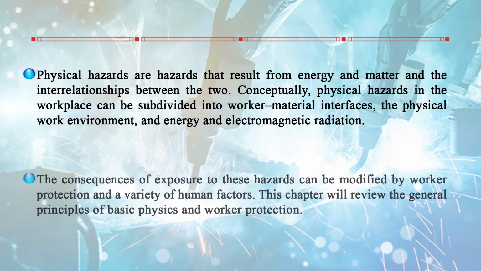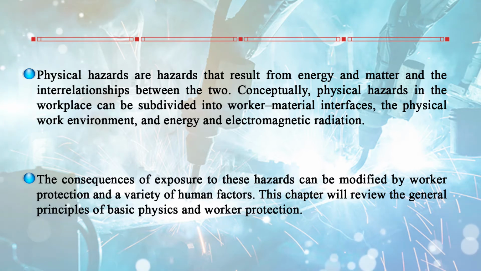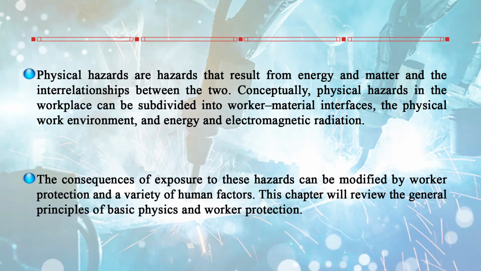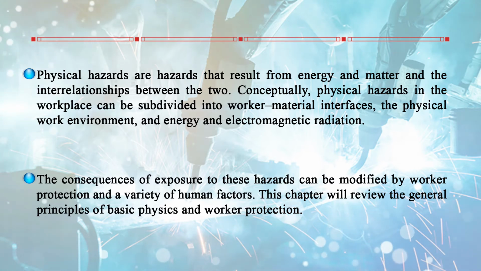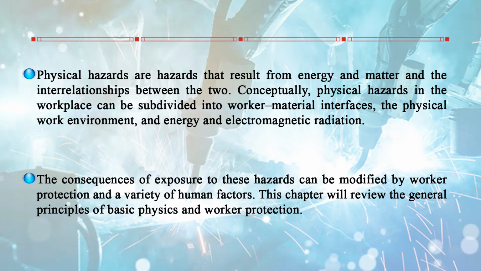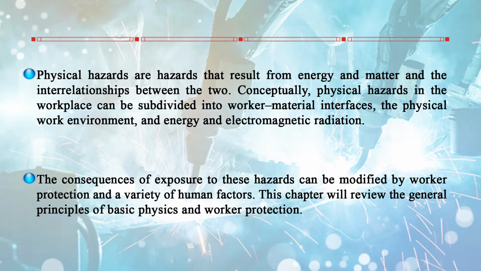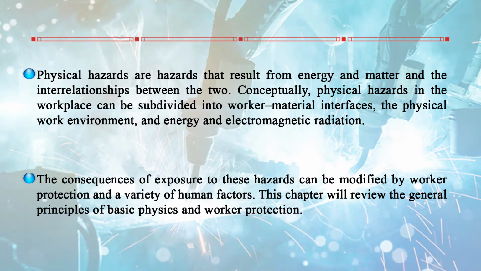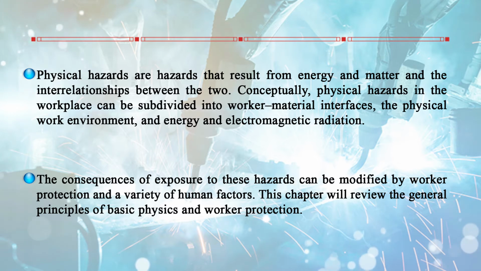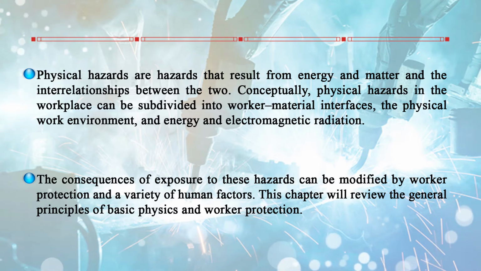The consequences of exposure to these hazards can be modified by workers' protection and a variety of human factors. We also have to see the general principles of basic physics and workers' protection.